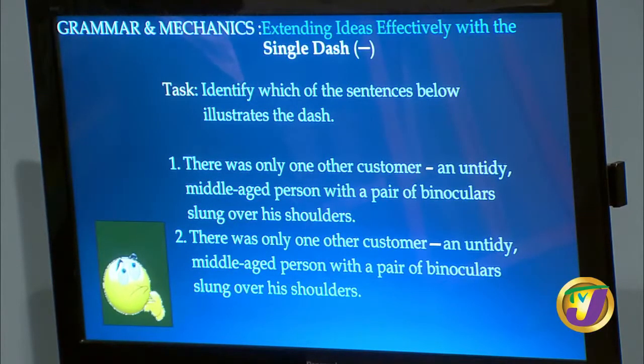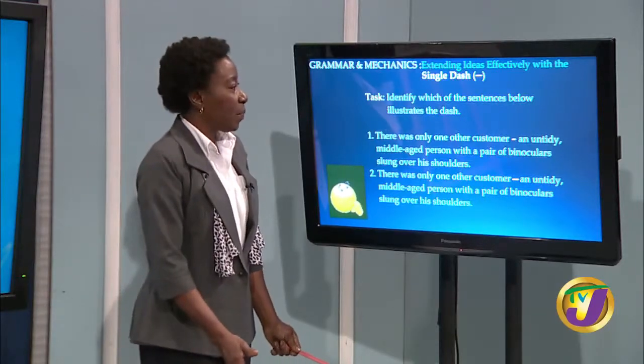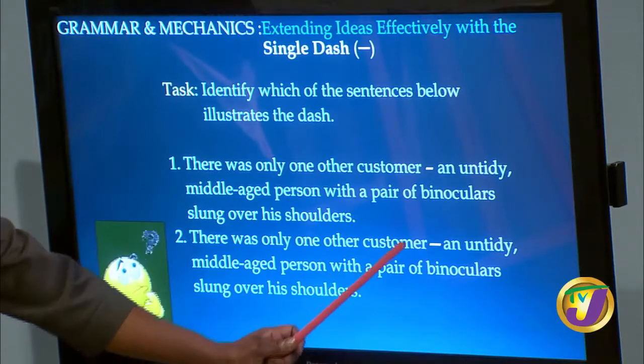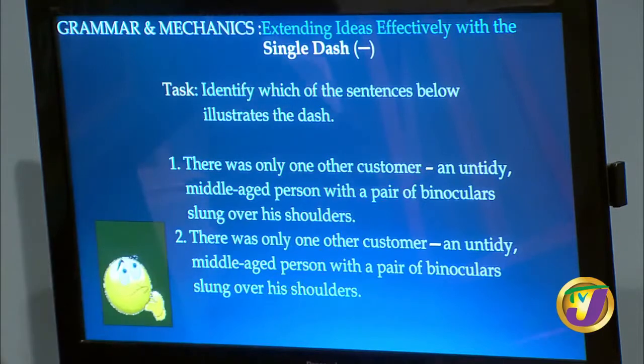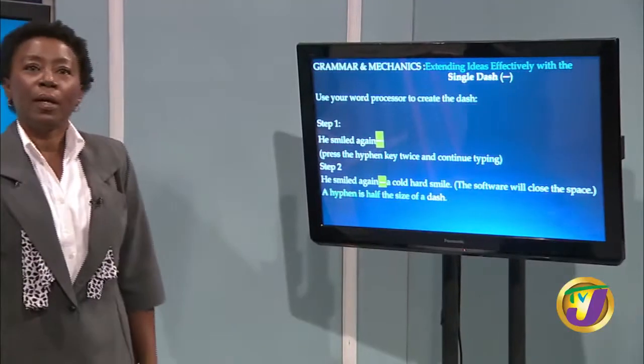And sometimes you use hyphens instead of dashes, depending on what you're writing. So this is the dash. This is the hyphen. How do you make the mistake of using a hyphen for a dash?